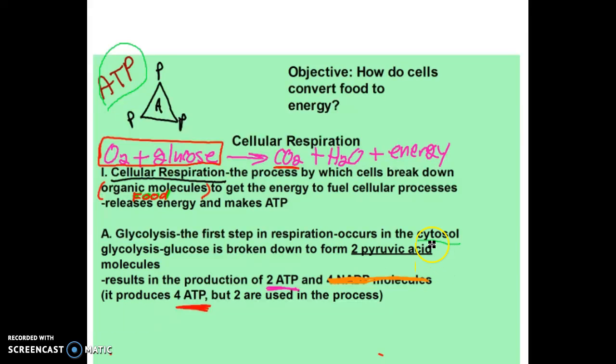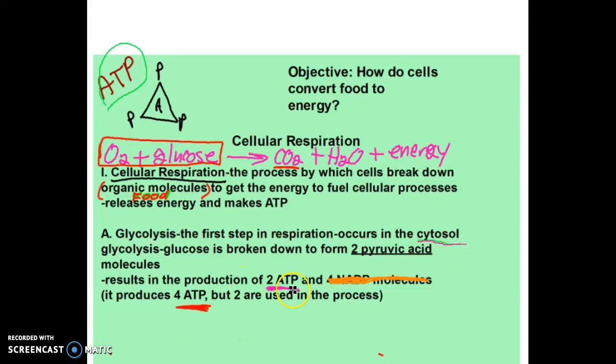In the cytosol or cytoplasm, remember cytosol is just the gel by itself. Cytoplasm technically is the cytosol with the organelles floating in it. So the point is, this occurs outside of organelles.